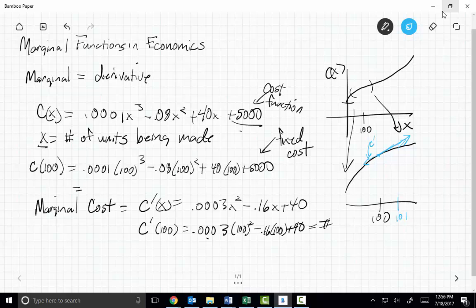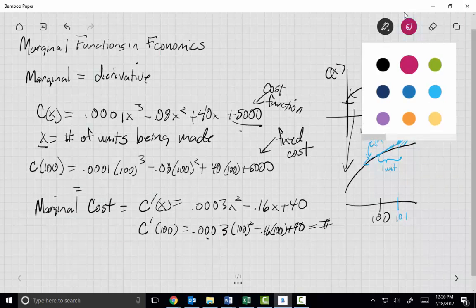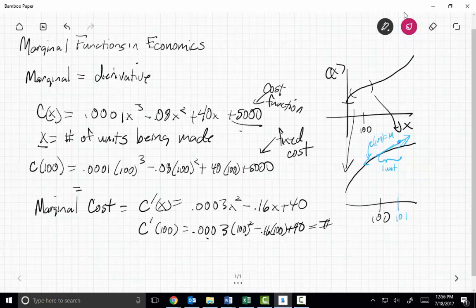So c prime at 100 is equal to m, which represents rise over run. If I move over 1 unit from 100 to 101, that's 1 more X box. Then what happens? My cost goes from here to here. Let's use a different color. Bam, red, right there. True?